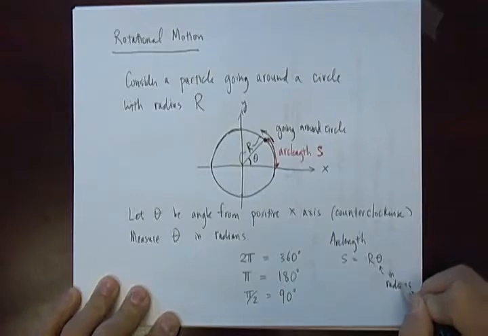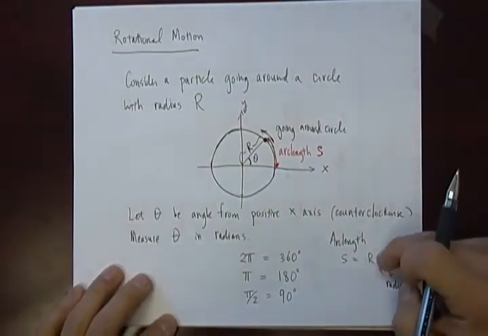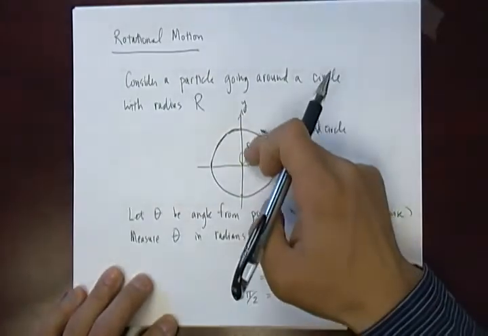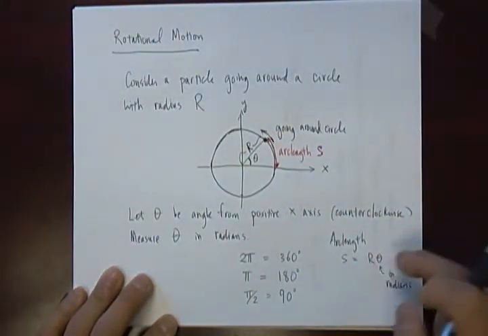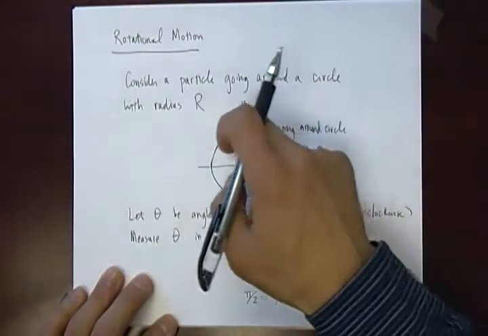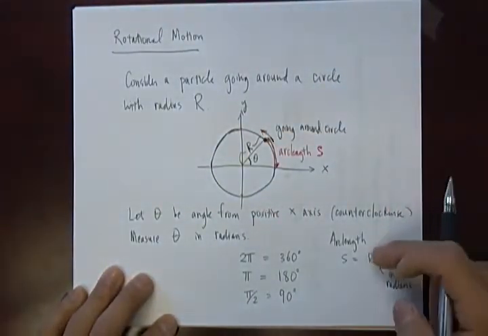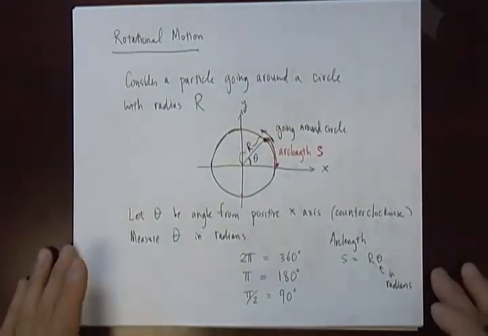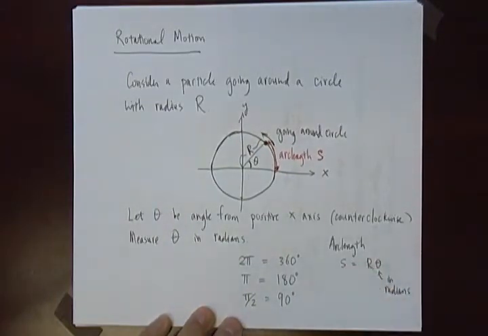You can convince yourself this makes sense, because if theta is 2 pi, or one full circle, that's r times 2 pi, which is the circumference. That's where the formula 2 pi r comes from. It's true in general: the arc length is proportional to r and proportional to theta, so just multiply them together.